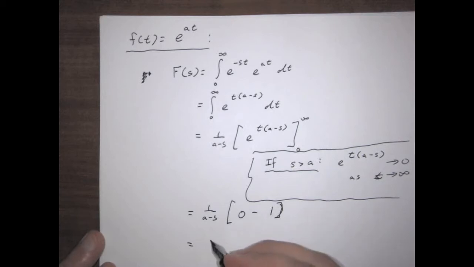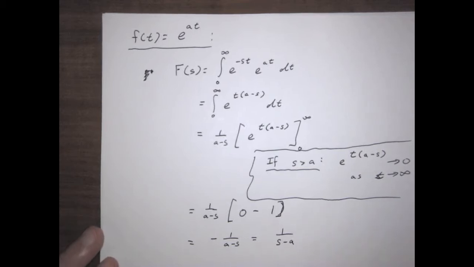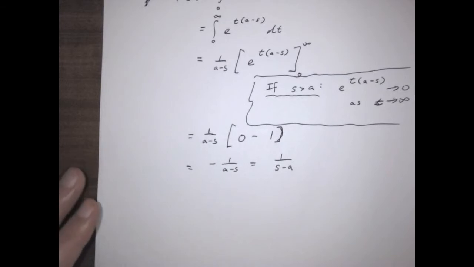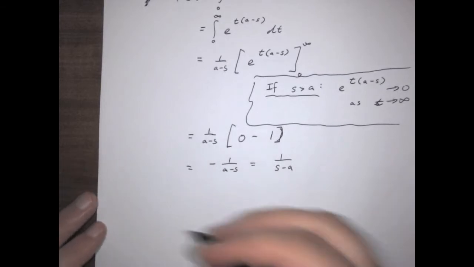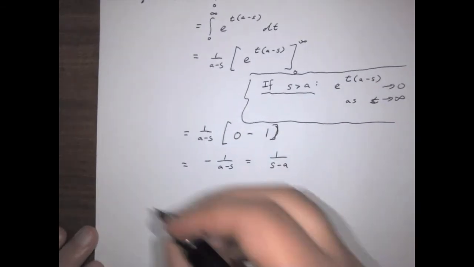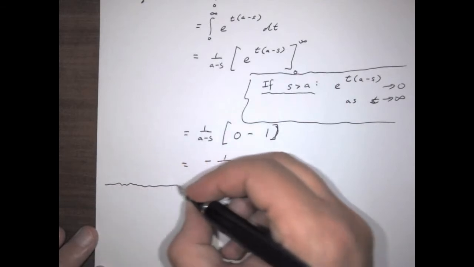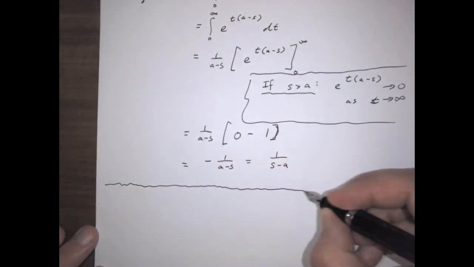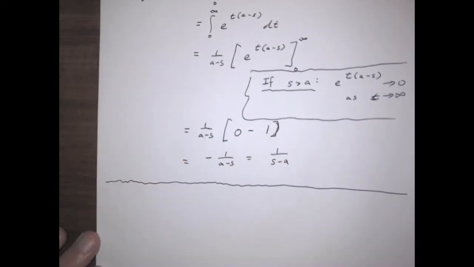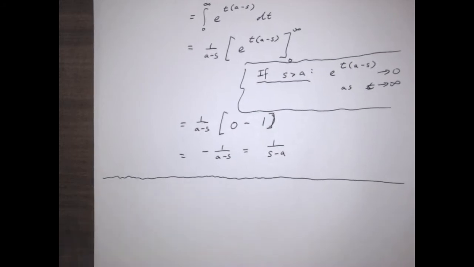And so that's going to be negative 1 over a minus s, which is the same as 1 over s minus a. Okay, we'll be summing these all up in a big table once we're done assembling our catalog. So now we've got exponential functions under wraps.